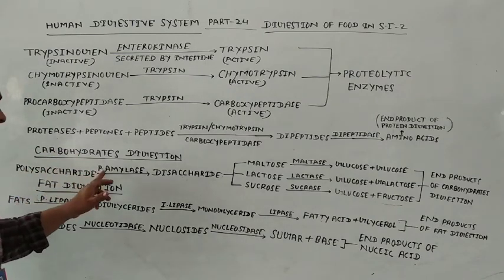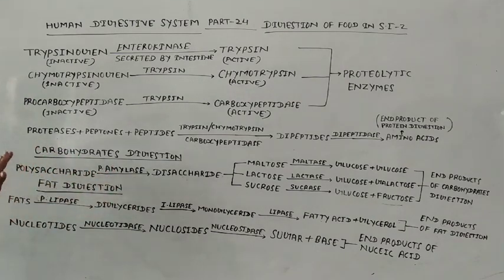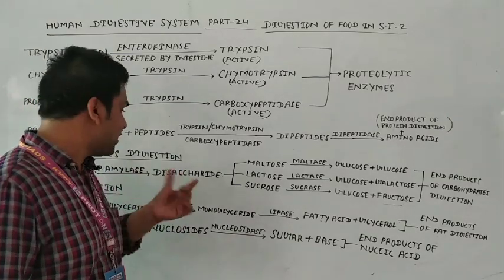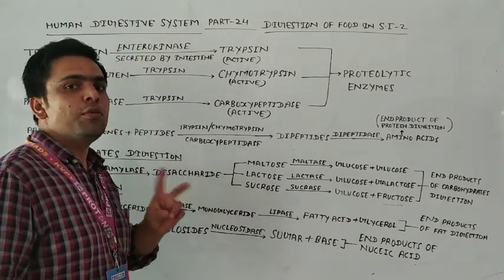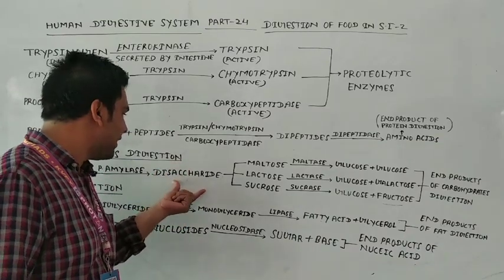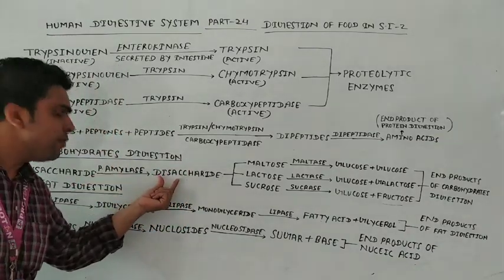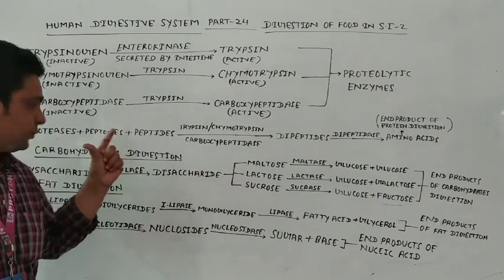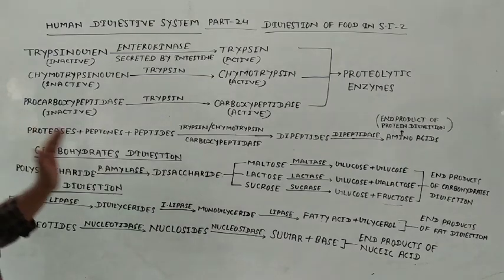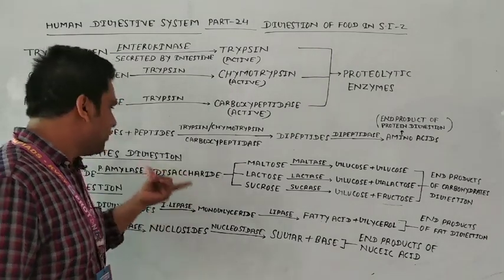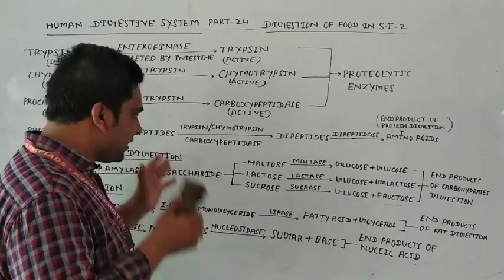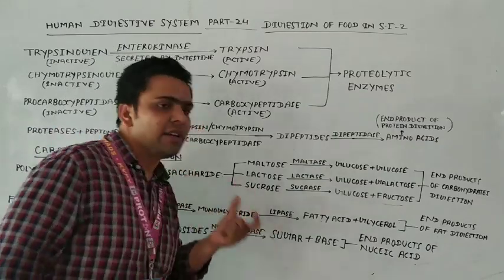So the pancreatic amylase enzyme converts polysaccharide molecules into disaccharides. As we discussed, di means two molecules of monosaccharide sugars combine and form disaccharides.